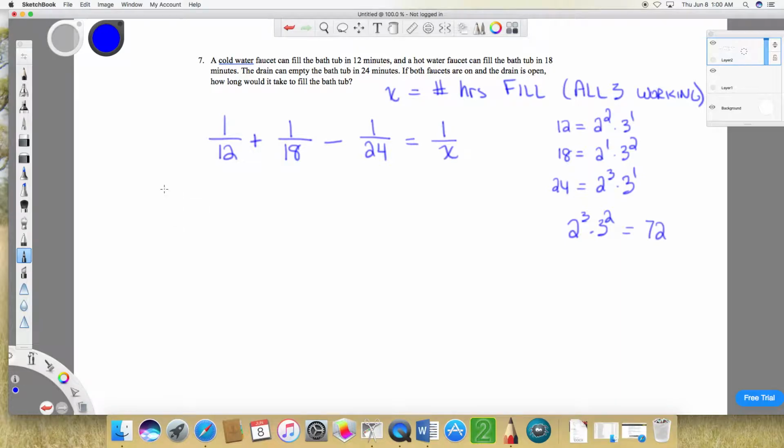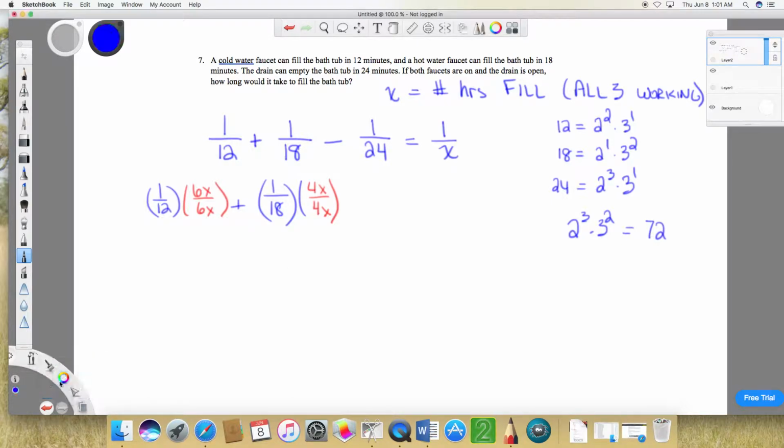So let's come in with this 1/12 and multiply it by 6x over 6x. Let's come in here with the 1 over 18, and 4 times 18 is 72, so I need 4x over 4x.